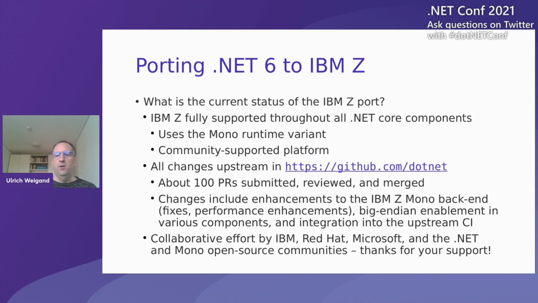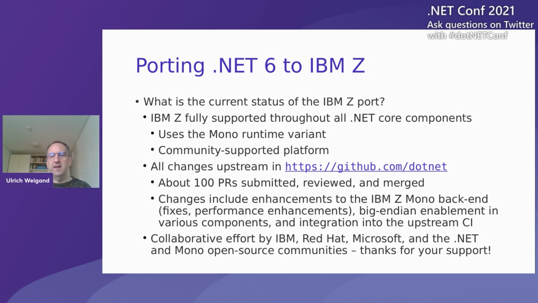What were those changes about? Well, as I said, the mono backend already had IBM Z support, but it had never been used in this particular context as basis of a full .NET implementation. So we found a number of issues that needed to be fixed. We found a number of places where we wanted to enhance the performance.